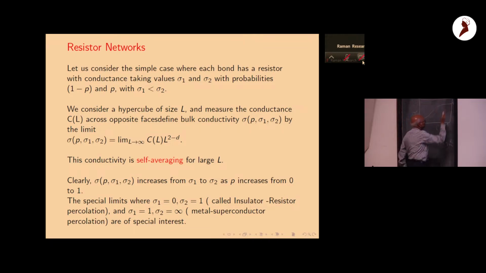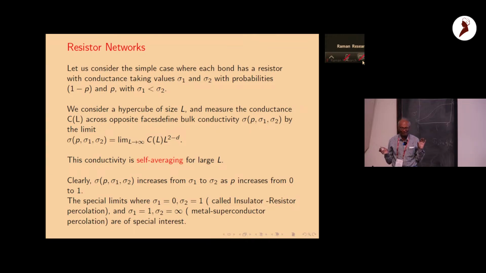In between, it is some function which is a monotonically increasing function of p, and we would like to know what this function is. Can I calculate the whole function? Okay. So it turns out that even for this simple problem, the answer is not known.